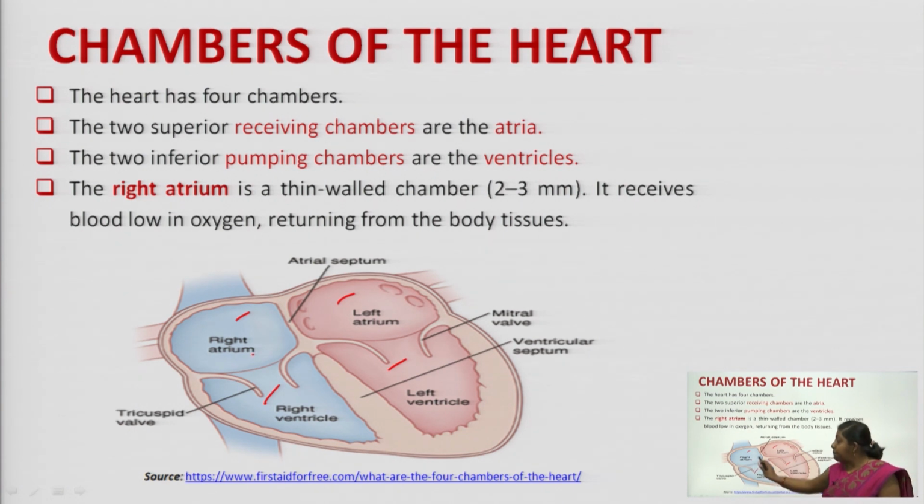So the upper 2 chambers are divided on the basis of simply their position, right side of our body and left side of our body. Fine. So this blue region is the right side and the pink region is your left side. The upper 2 chambers are the receiving chambers.